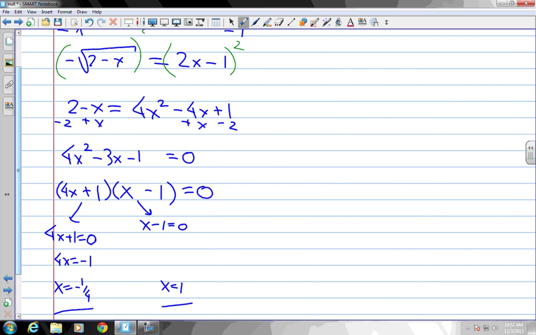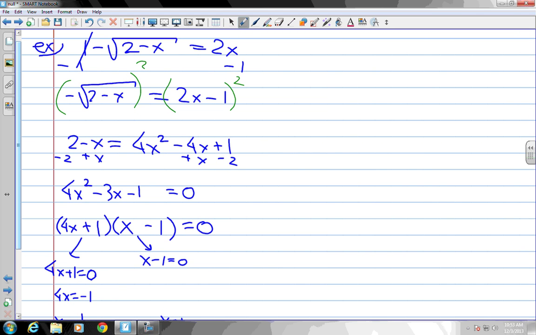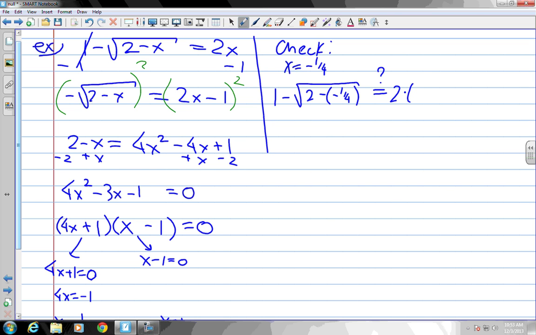And we do that by plugging it back into the original. So check. So let's do x equals negative 1/4. So I'm going to plug negative 1/4 back into the original problem, before we did any manipulations to that, back into 1 minus the square root of 2 minus negative 1/4. Will that equal 2 times negative 1/4?